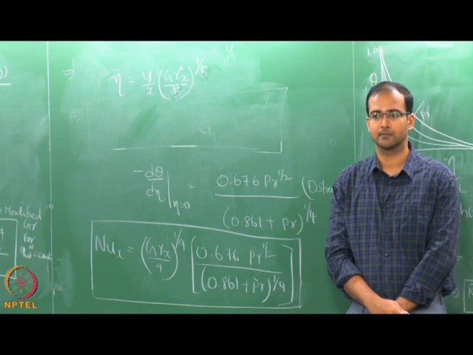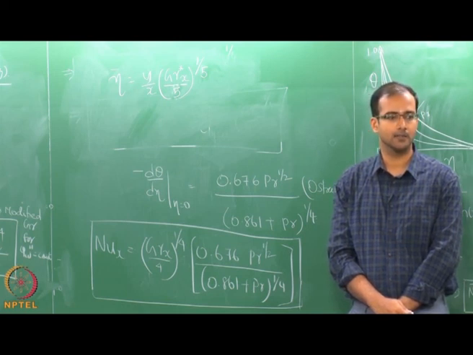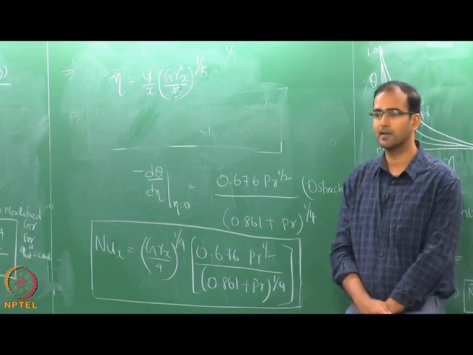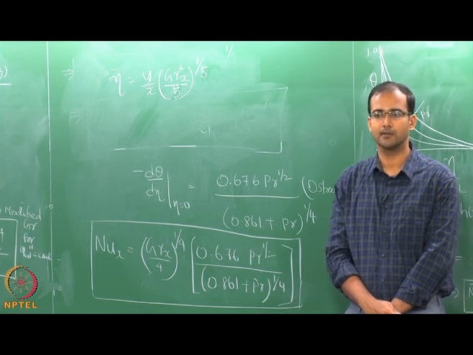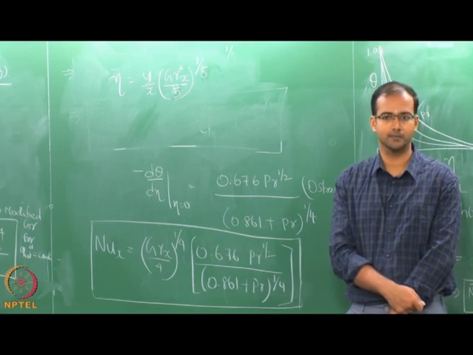Is that clear? If you use the default similarity variable, you cannot find a similarity variable for this. Therefore, you have to modify it a little bit. If this is the right modification, you should be able to find a similarity equation.